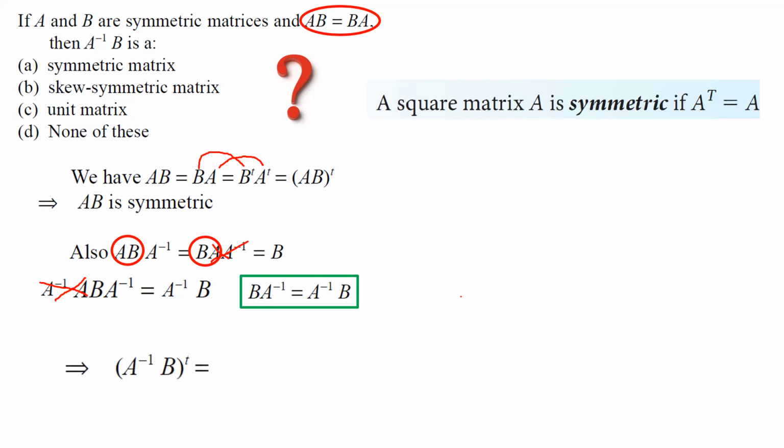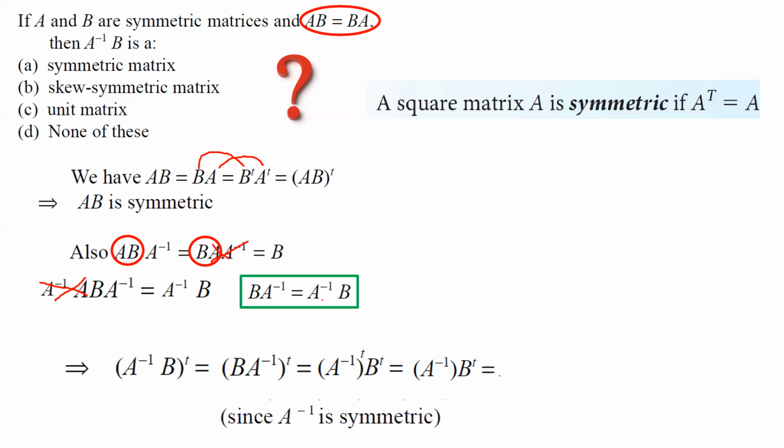We can take the transpose of the inverse of A times B. Remember that it's equal to the transpose of B times the inverse of A. You can basically switch these two because you have equality between them. Now, if you take the transpose, you have the transpose of the inverse of A times the transpose of B. But since we know that the transpose of the inverse of A is equal to the inverse of A, because we just showed that the inverse of A is symmetric, you can get rid of that transpose.